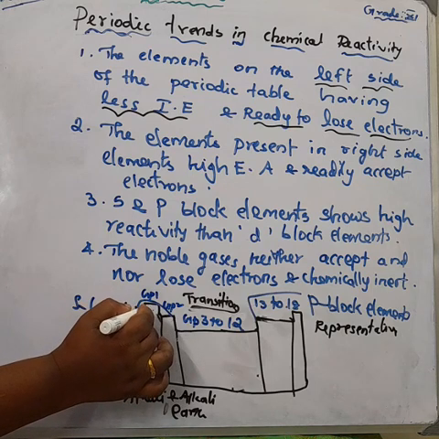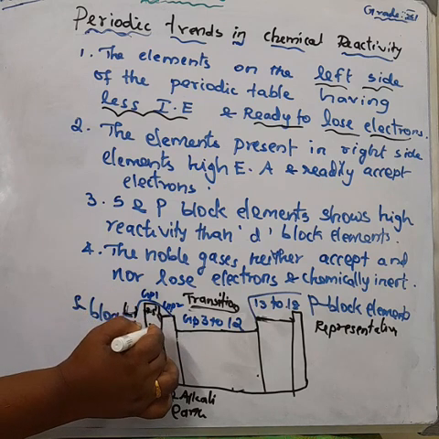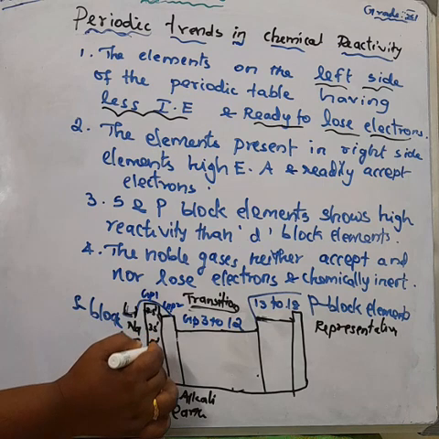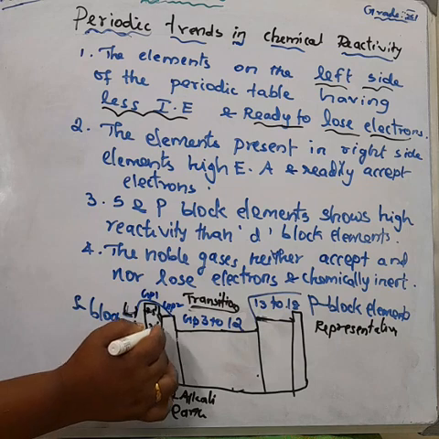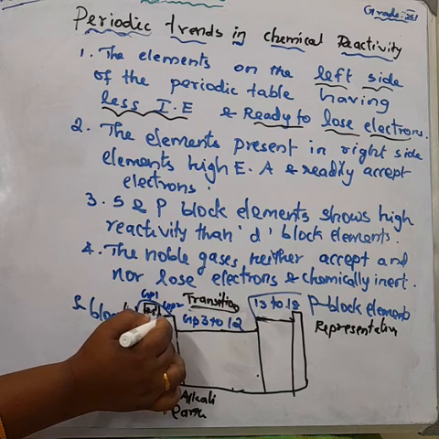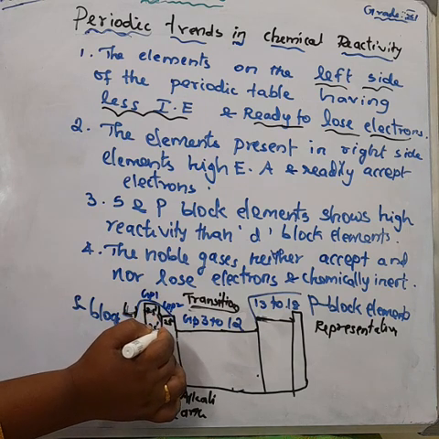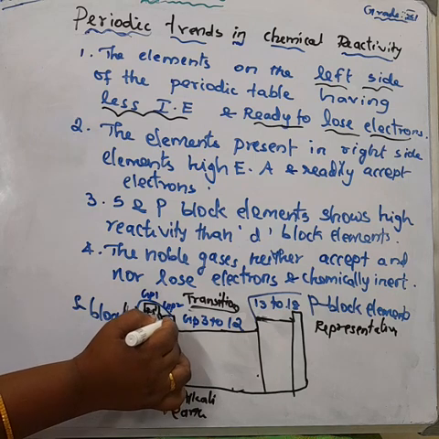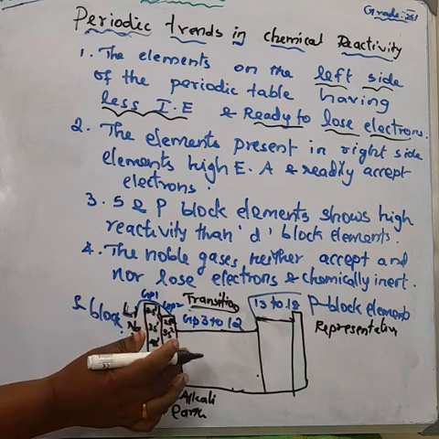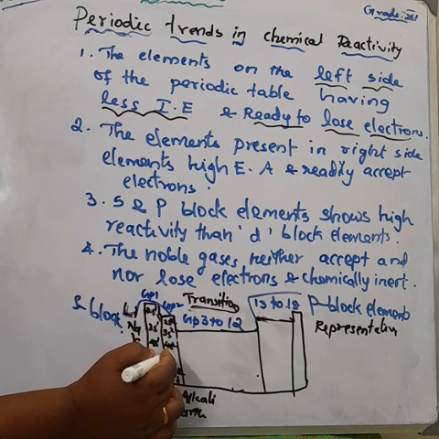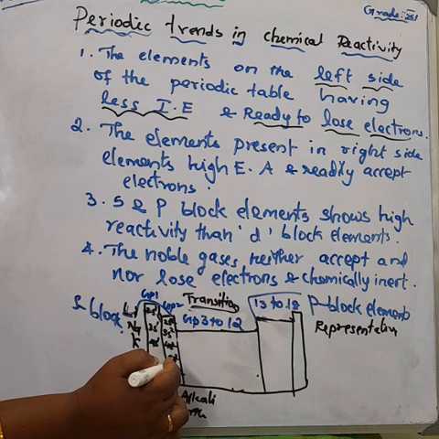Lithium 2s1, sodium 3s1, potassium 4s1, rubidium 5s1, cesium 6s1 and francium 7s1. Like that, the group 2 elements go from 2s2 to 7s2: beryllium 2s2, magnesium 3s2, calcium 4s2, strontium 5s2, barium 6s2 and radium 7s2.